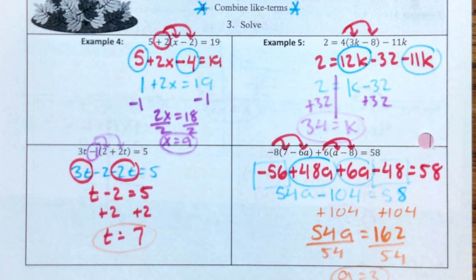Alright, volunteer to share your answer for example number 5. Alright, James. Example number 5 equals 34. 34 equals K. Okay. And volunteer for this one, Tiziano. T equals 7.